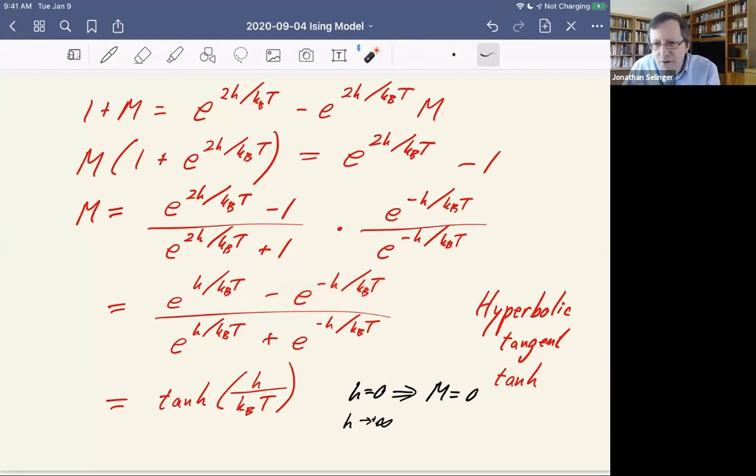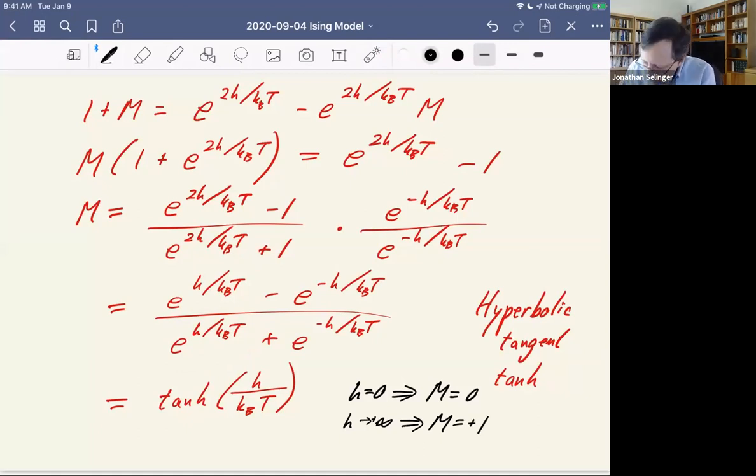Similarly, in the denominator, we have a huge number plus a tiny little number, so forget about that. And so in that limit, m is just this exponential divided by this exponential. So it's just 1, a ratio of something divided by the same thing. So when h goes to infinity, m is positive 1.